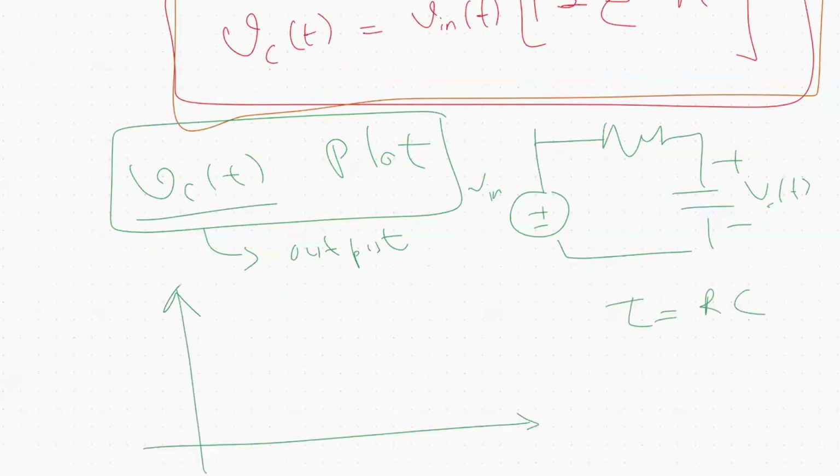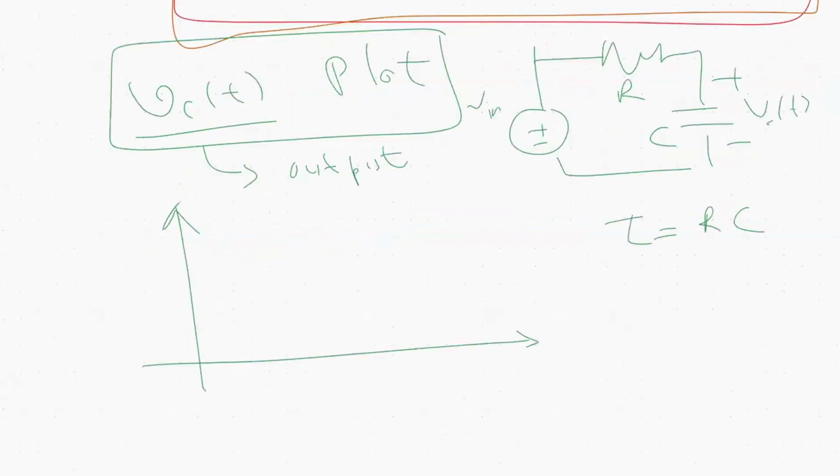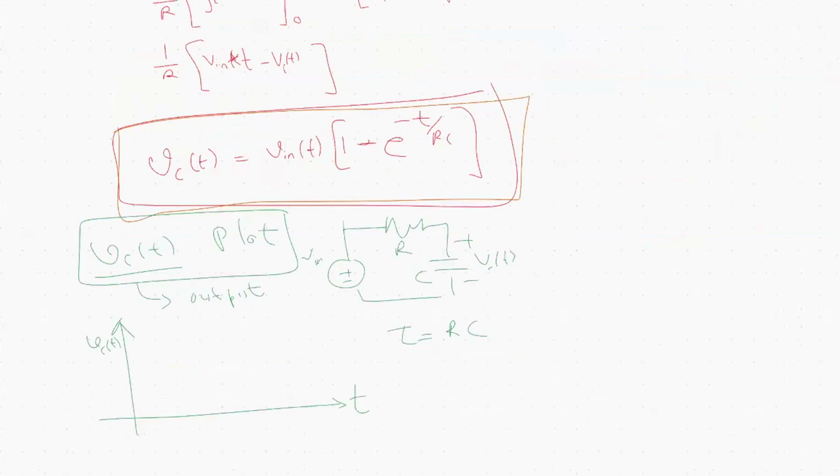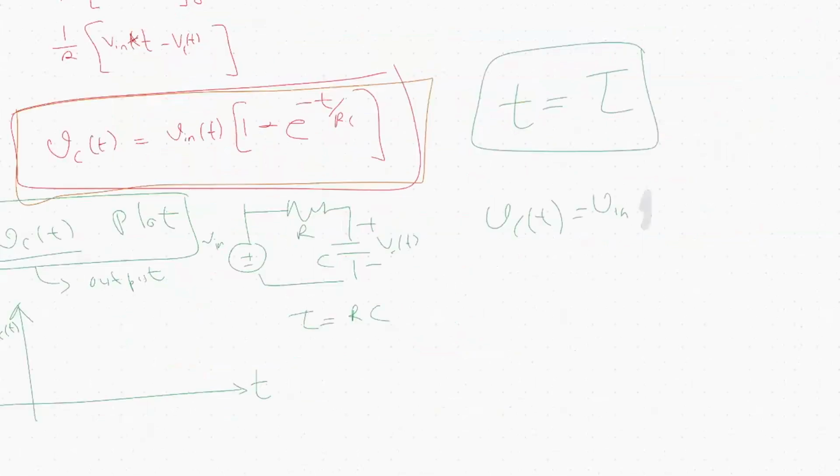And this is time, and this is our VC of t. So if you put your t as tau, what are you going to get in this equation? It's going to be 1 minus e to the power minus tau, which is RC by RC, right?